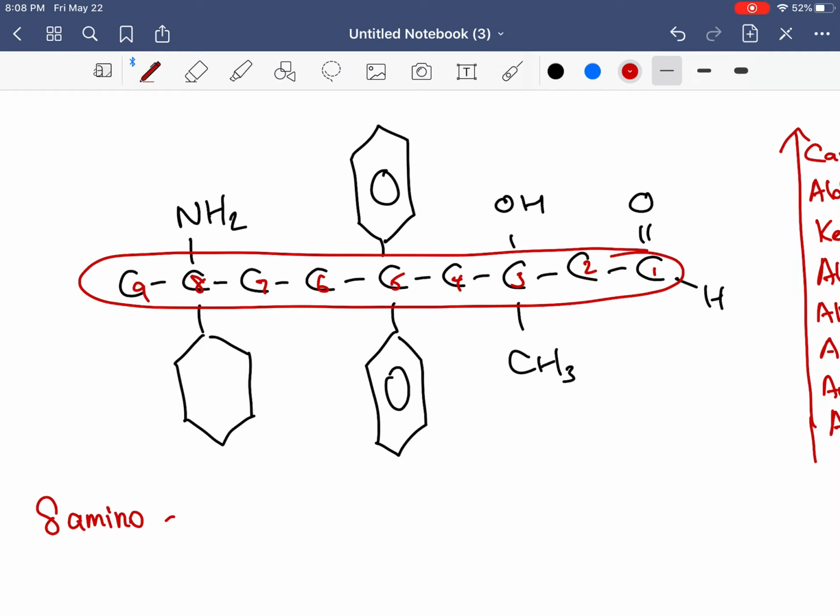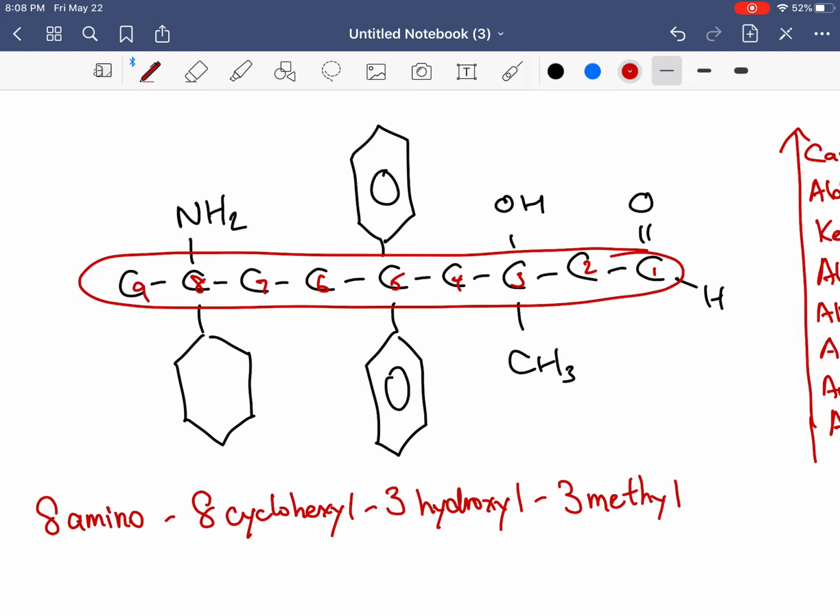And then we have at number 8 again, cyclohexyl. Number 3, we have hydroxyl. Number 3 again, we have methyl. I'm trying to do this carefully now. At number 5, we have 2-phenyl. And obviously this is a nonanal.